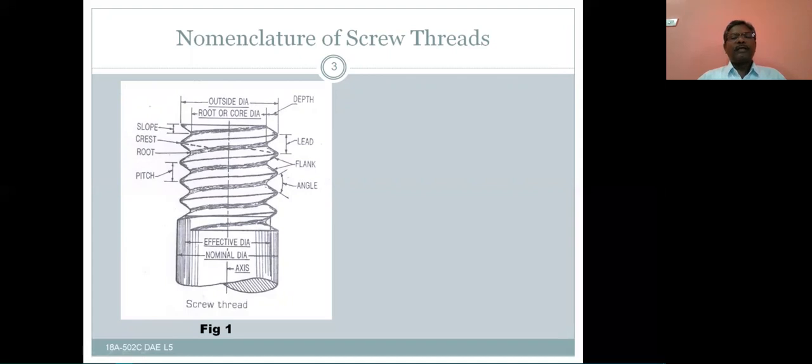So whenever there are tensile forces acting on this bolt or screw thread, the more concentration of stresses will be at the threaded portion only. That means in the bolt, the threaded portion is the weakest part, while the strongest part is the shank part. Let us see one by one.